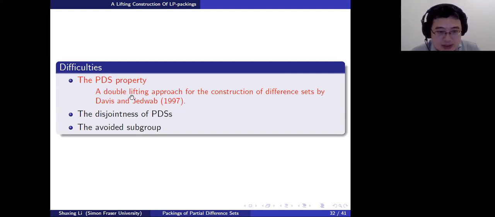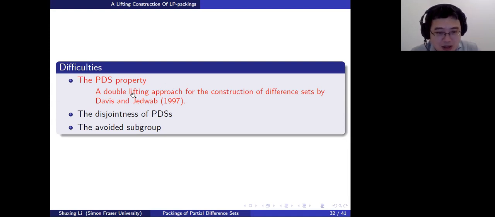The first one is a double lifting approach, which was proposed by Davis and Jedwab in 1997. Recently, they have refined this approach to work on all groups of order up to 258. So among the more than 50,000 groups of that order, they can conclude for every group either it contains a difference set or not.